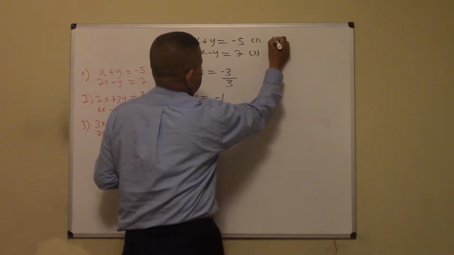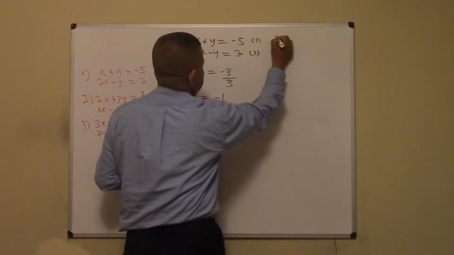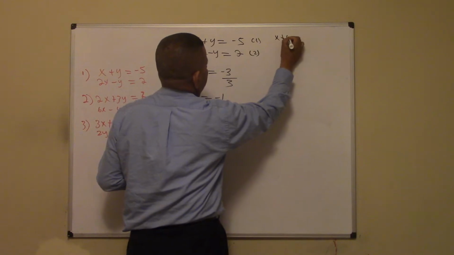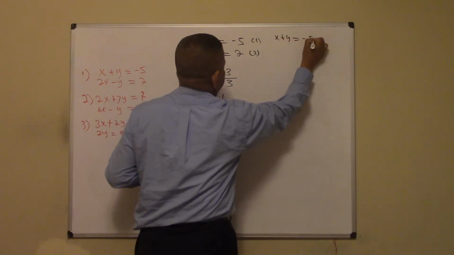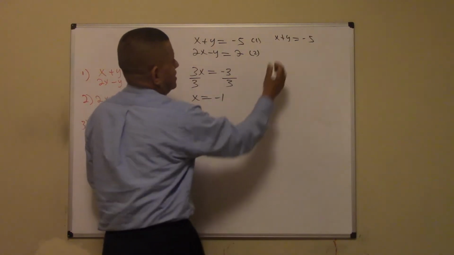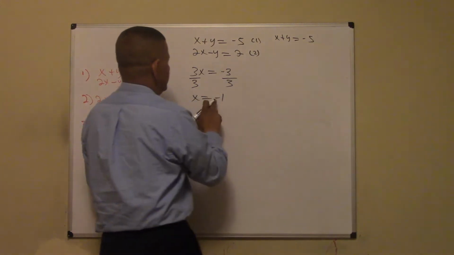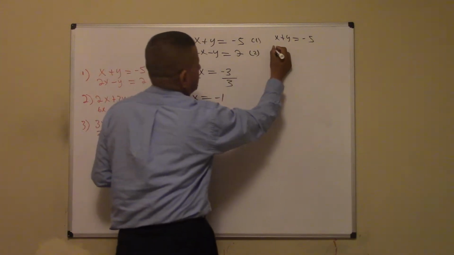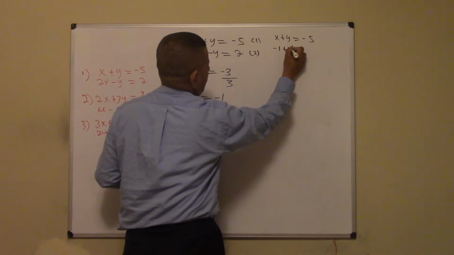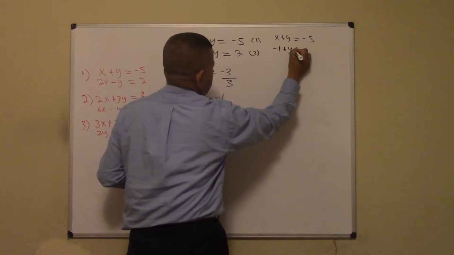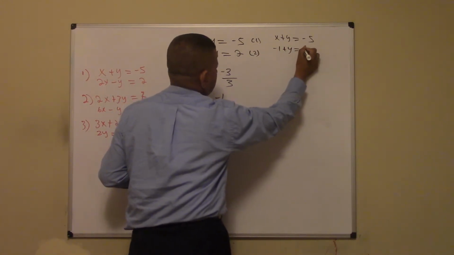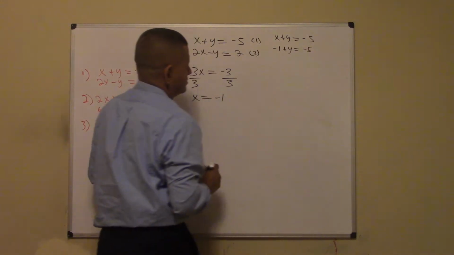So x is equal to negative 1, we say, right? So x plus y is equal to negative 5, right? Now, if I substitute negative 1 for x, negative 1 plus y equal to negative 5, right?